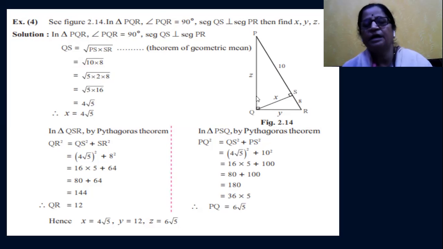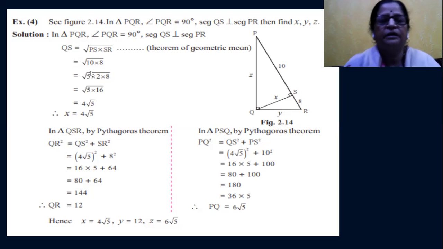So we use the theorem of geometric mean, that is QS square equals PS into SR. Taking the square root, QS is equal to the square root of PS multiplied by SR. The PS value is 10 and the SR value is 8. These values are given here.